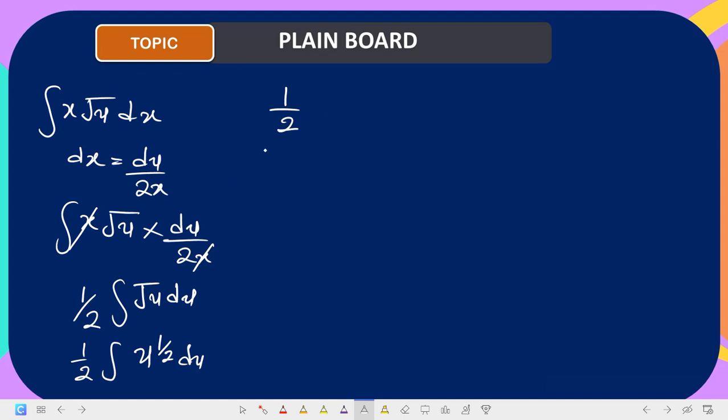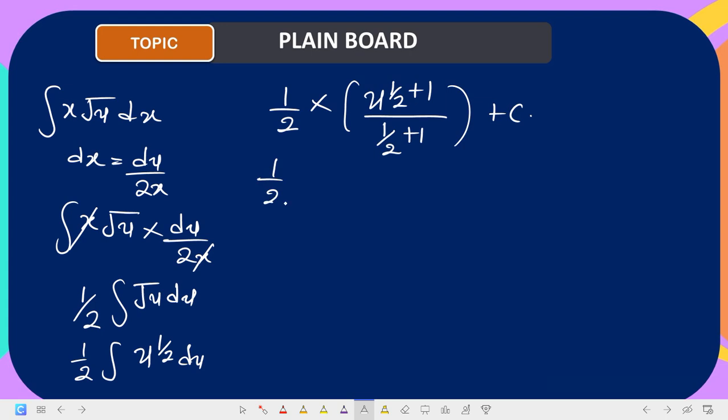Then you now have integration, you should do that, right? So this becomes 1 all over 2 times, let's say bracket, u to the half plus 1 divided by half plus 1, everything plus c. Half plus 1 is 3 over 2.